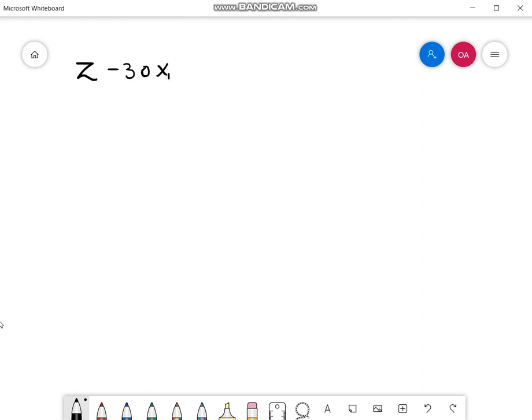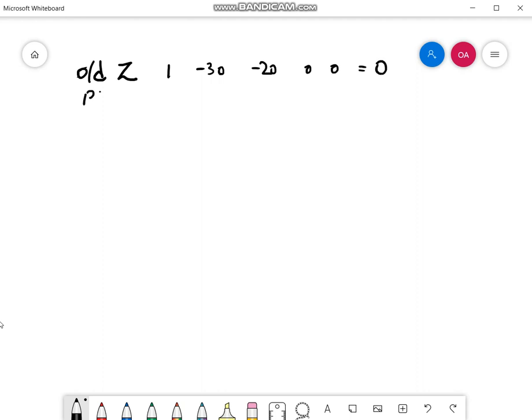Sorry, I don't need to write the variables, I only need to write the coefficients. So this is the old z, which has 1, minus 30, minus 20, 0, 0, equal to 0.